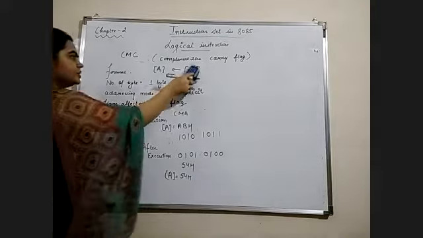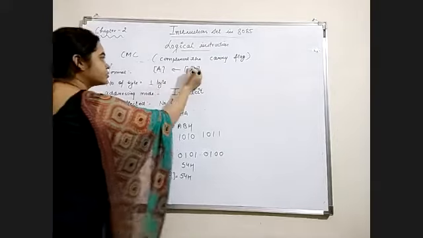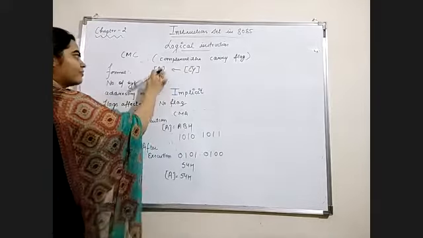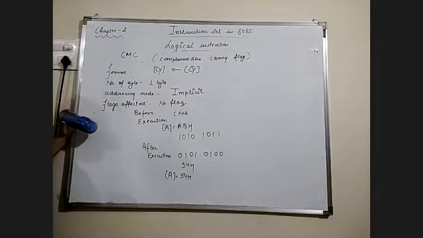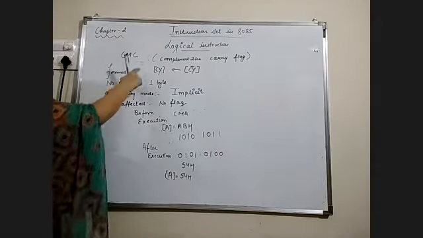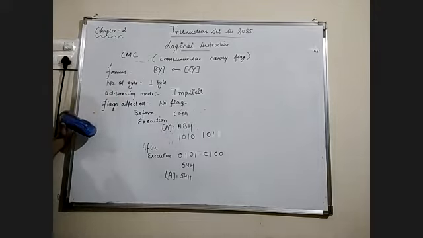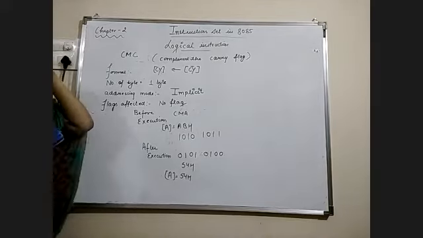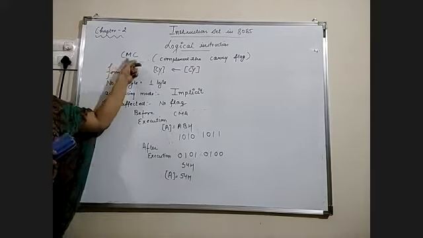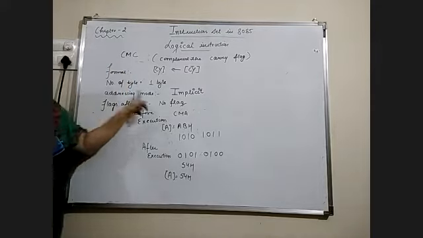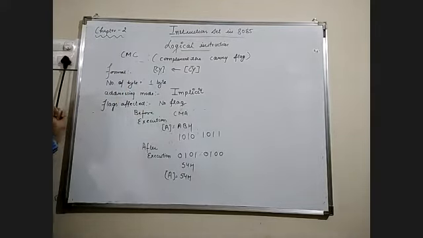So here we have CY. The value of the carry flag will be complemented, and afterwards it will again be stored in the carry flag. Again, this instruction is a 1 byte instruction. The addressing mode is implicit addressing mode, because in the opcode we have the carry flag which the microprocessor is going to complement.